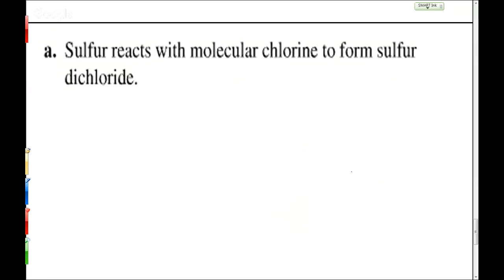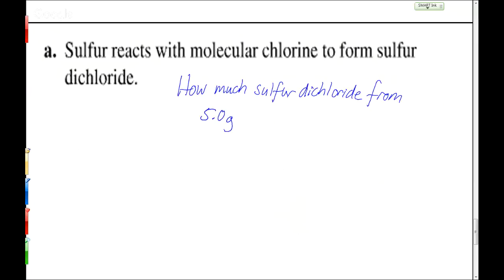And then let's say, how much sulfur dichloride from 5.0 grams of sulfur? So you've got to come up with a balanced equation and then solve for the quantities. Do you want to give it a try first, or should we go through it together? Give it a try first, and then we'll see.